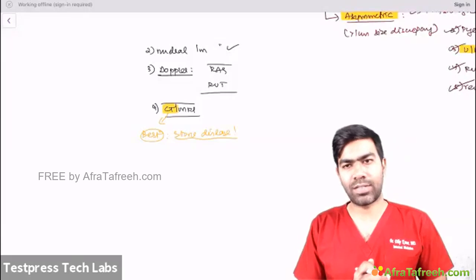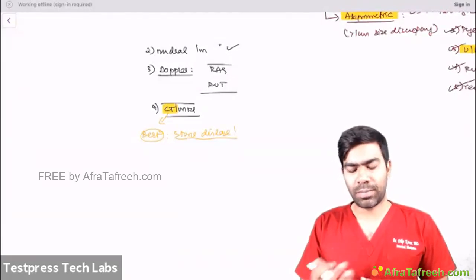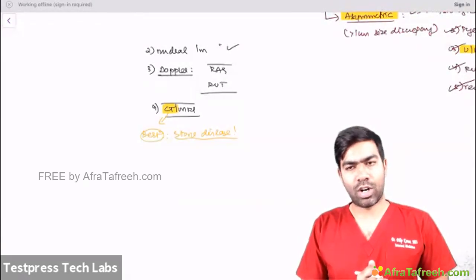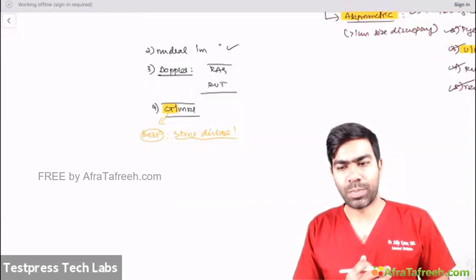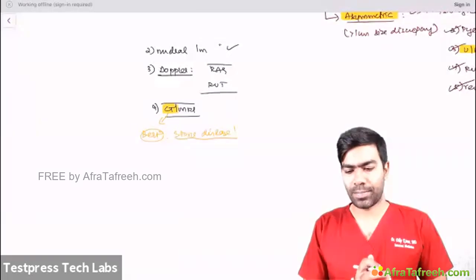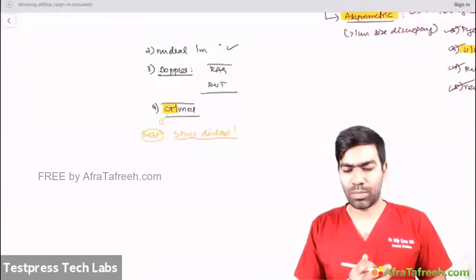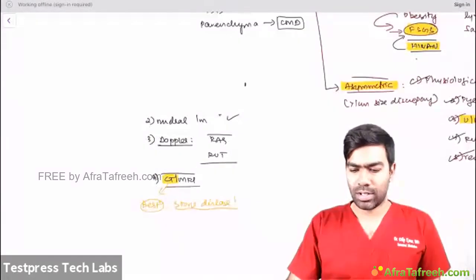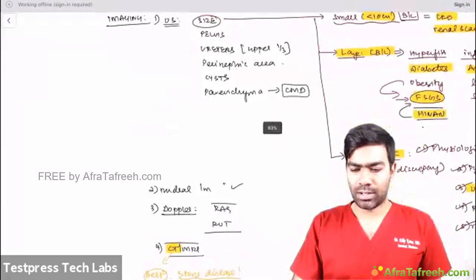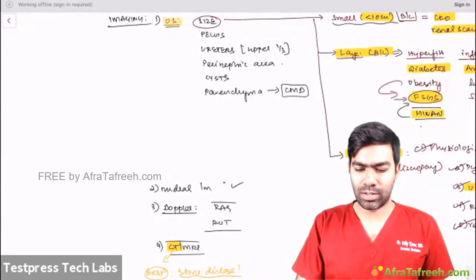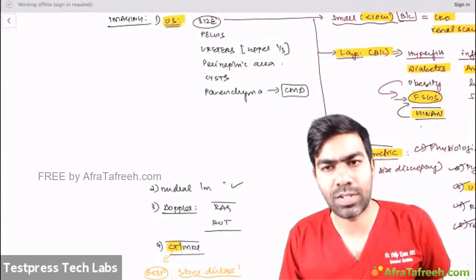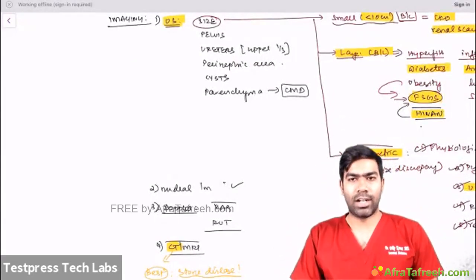Even though the first investigation we use for stones is ultrasound, the best investigation is the CT scan. That is a non-contrast CT, because you can see the stones much better because of the calcium content. So you have some advantages and some disadvantages as well, but the most important advantage is for stone disease as far as the CT is concerned. Ultrasound is the most common and the most important investigation performed in kidney disorders.